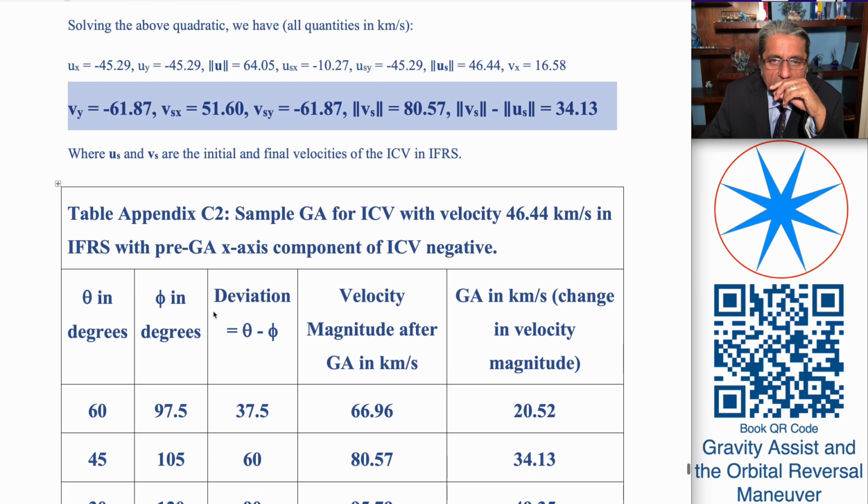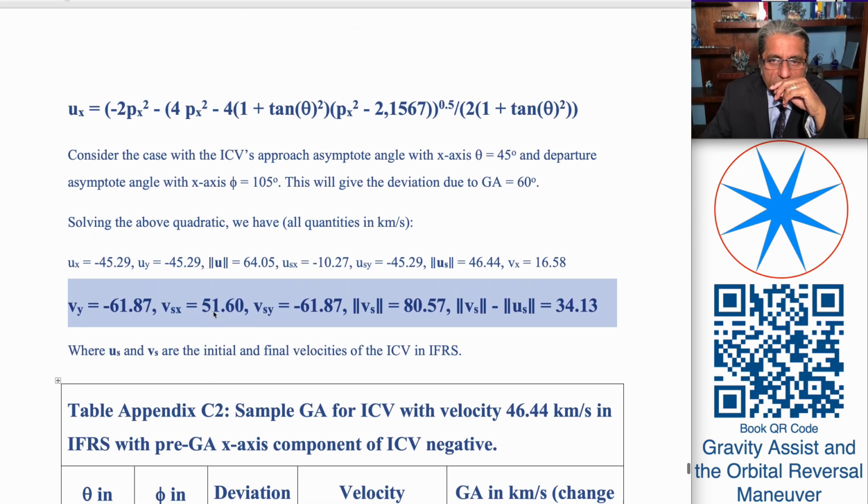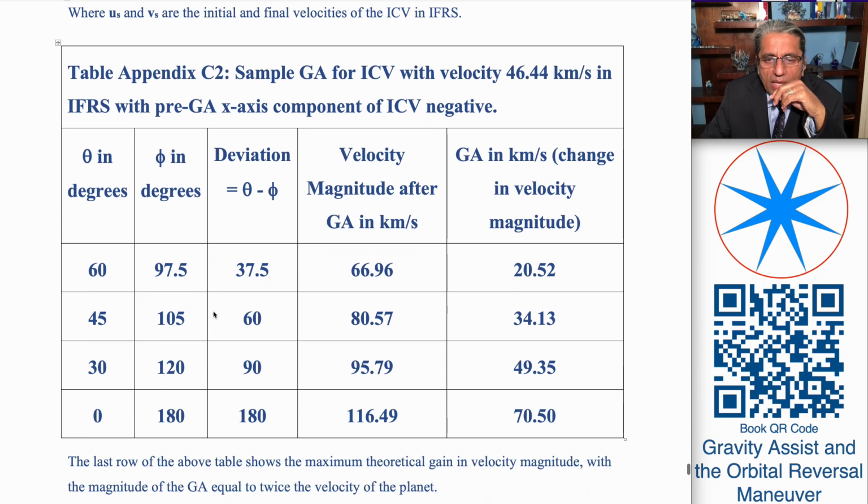And in this table, we have this for different thetas and phis. And what you observe is here, you're actually getting a substantial amount of gravity assist.